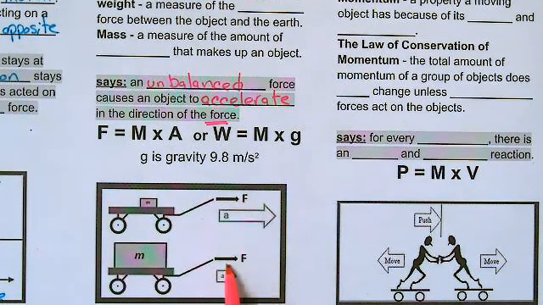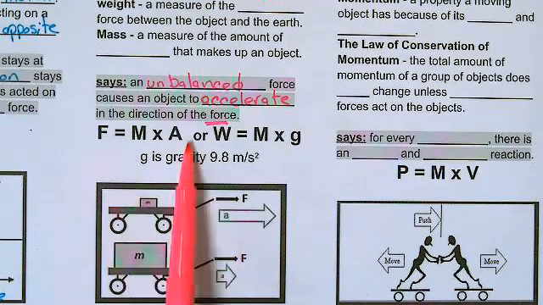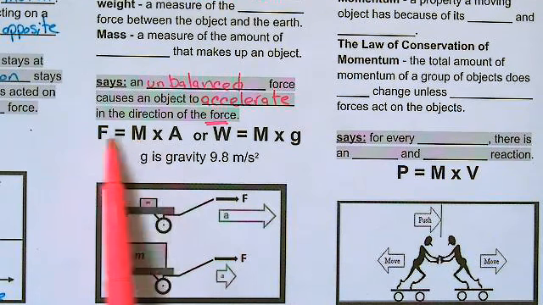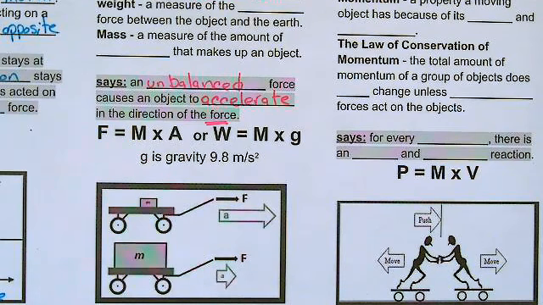If they're both pushed with an equal force, the one with the smaller mass will accelerate more greatly than the one with a larger mass because the forces are equal. Okay, so that is what this equation is basically saying. It's the relationship between force, mass, and acceleration.